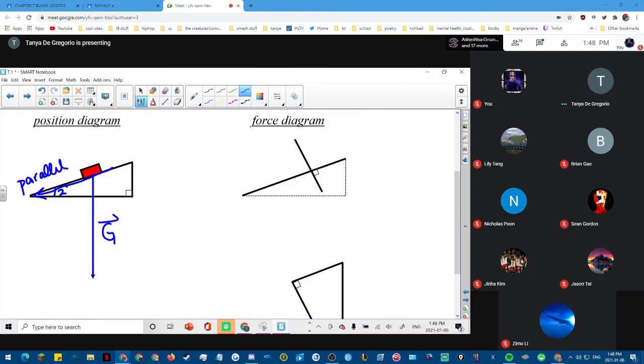And I need a force perpendicular, so it's got to meet here at 90. Wrong way. I don't want my arrow that way. I just want to extend it through. Not the best 90-degree angle, but you get the idea. And so there's my perpendicular force.